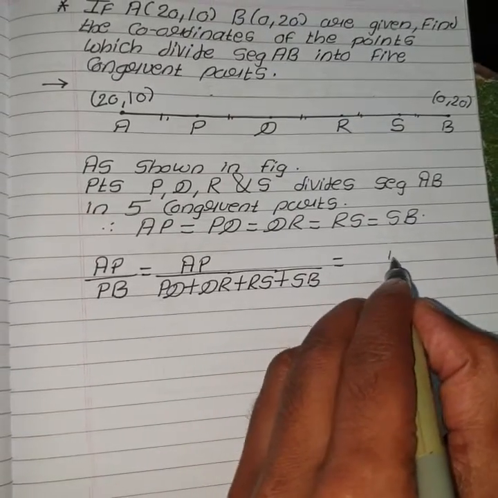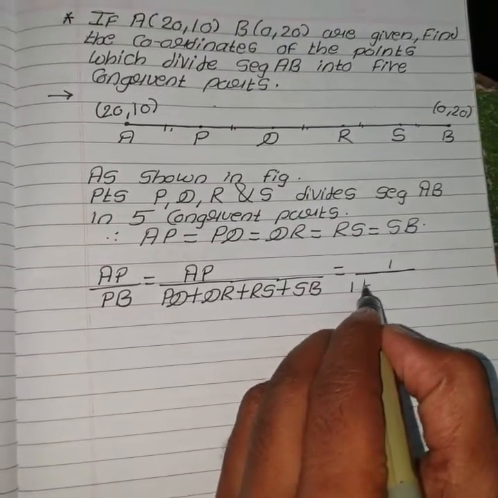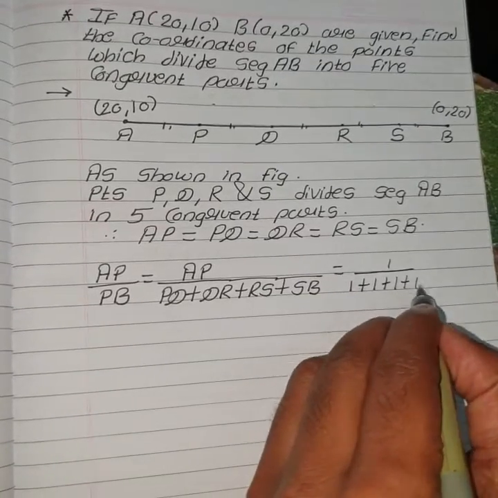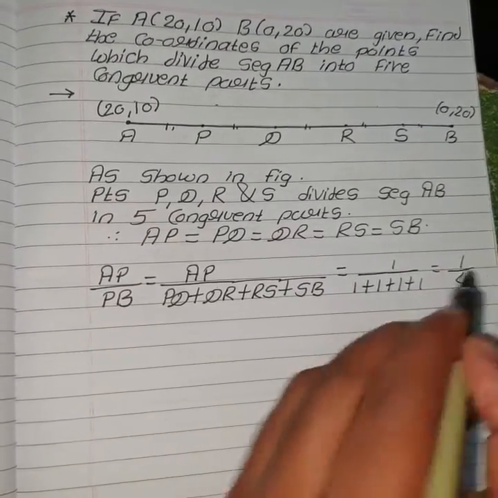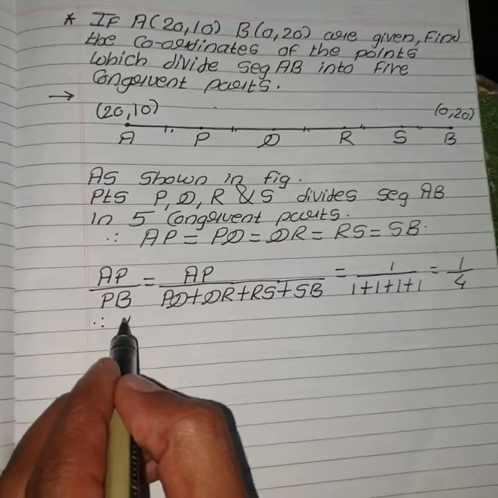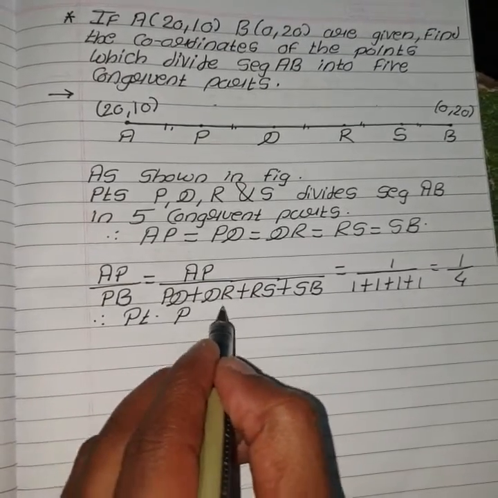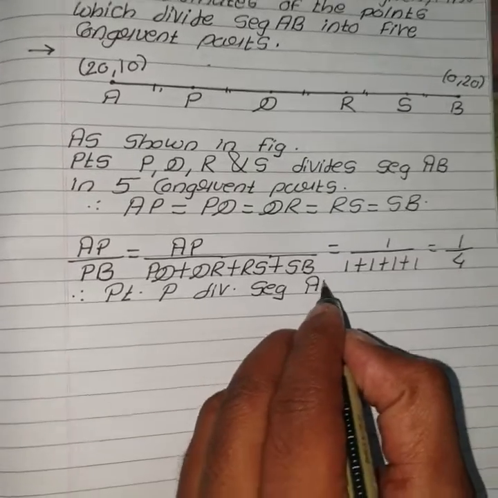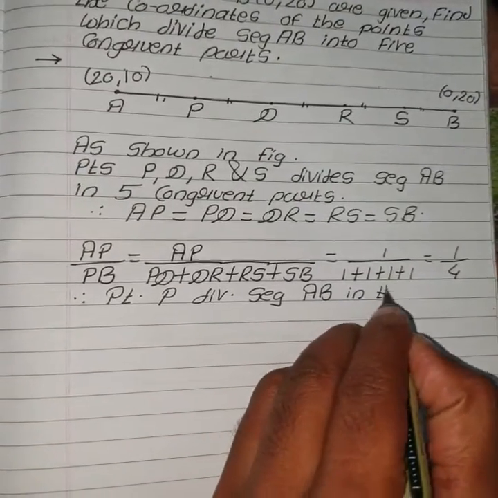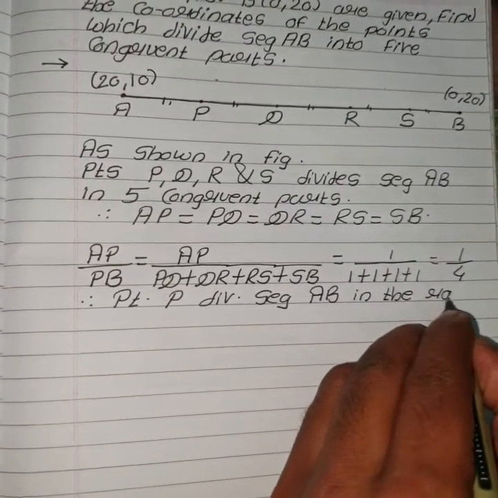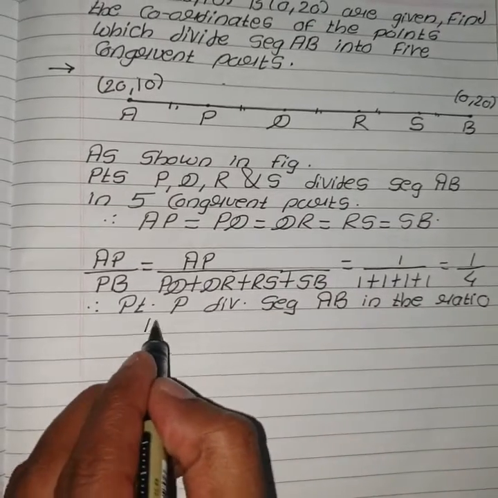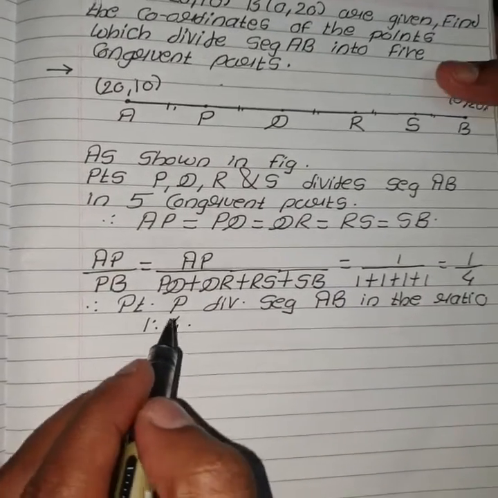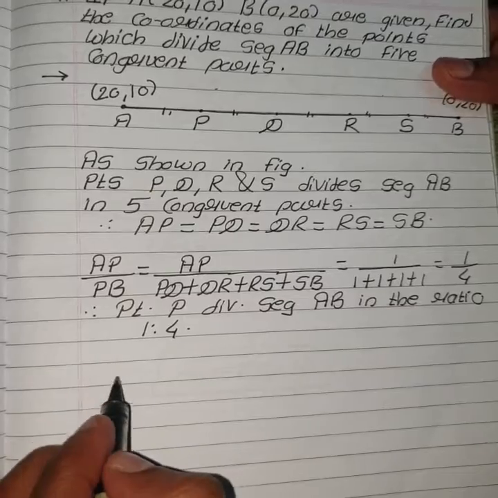AP is one part, PB is 1 plus 1 plus 1 plus 1, that is 4. So the ratio is 1 upon 4. Therefore, we can say that point P divides segment AB in the ratio 1:4. Now we will apply section formula and find out point P.